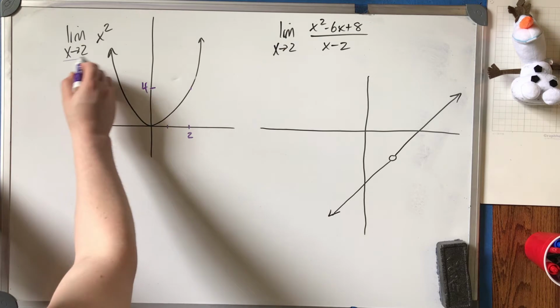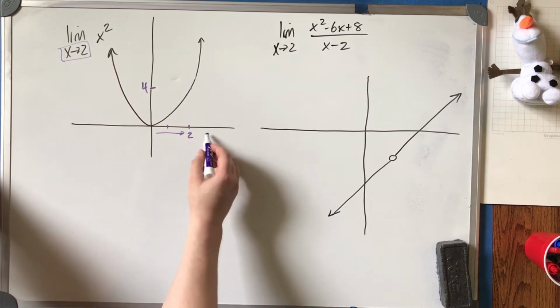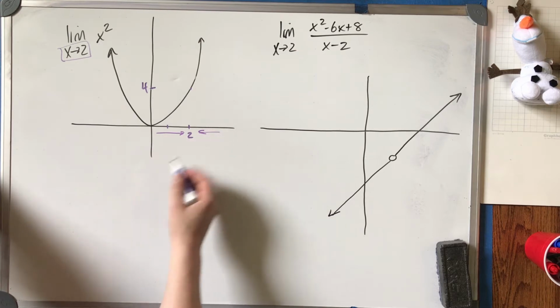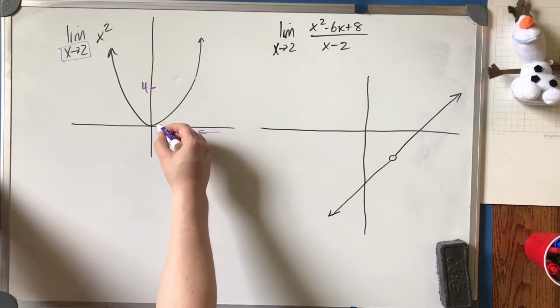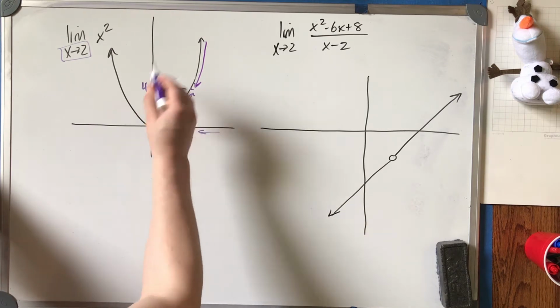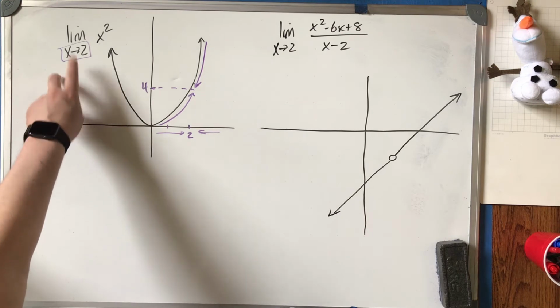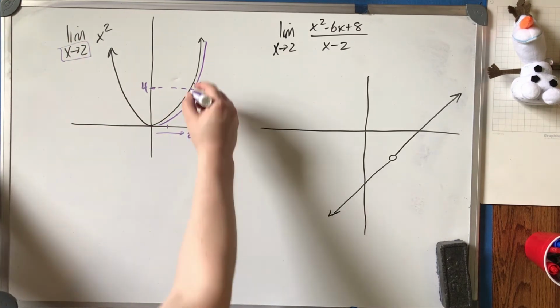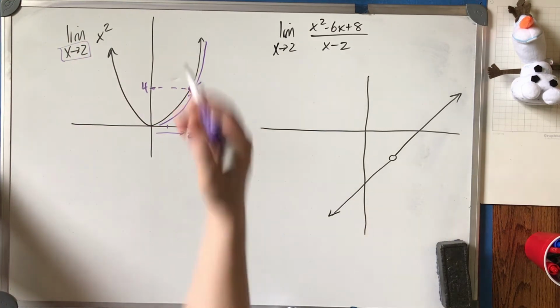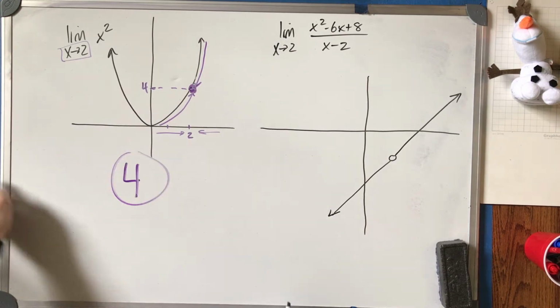So what this says officially is as we get closer and closer to an x value of 2, it doesn't matter which direction we're coming from, the y values are getting closer and closer to a height of 4. So that's what this limit is going to equal. The limit as x approaches 2 of x squared is going to equal 4 because it looks like it's supposed to be reaching this height of 4. So that's going to be the answer for the first one.